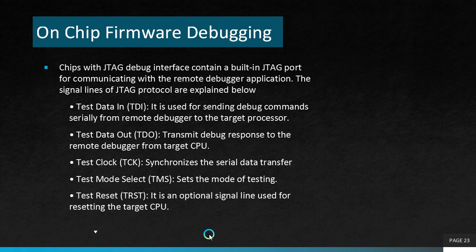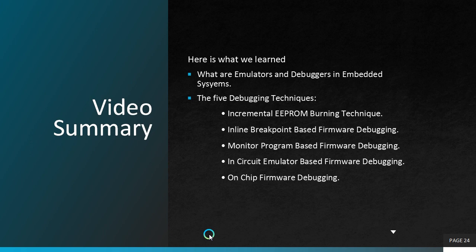Test clock, that is TCK, synchronizes the serial data transfer. And fourth one, that is test mode select, TMS, it sets the mode of testing, which mode is to be kept for testing. And the last one, that is test reset, TRST, it is an optional signal line used for resetting the target CPU. So with this we complete our debuggers topic.